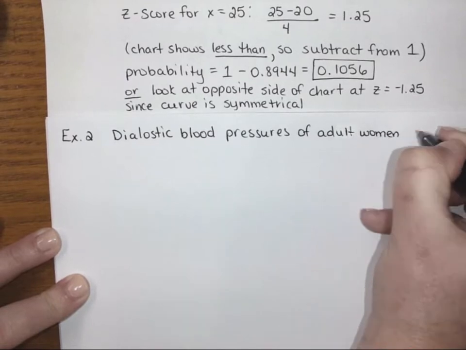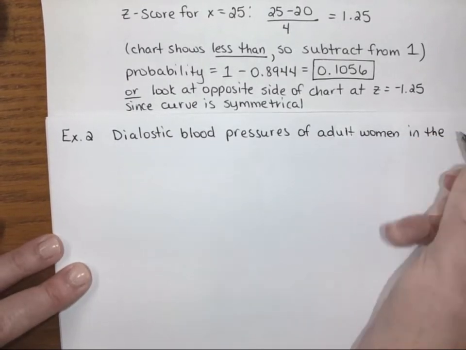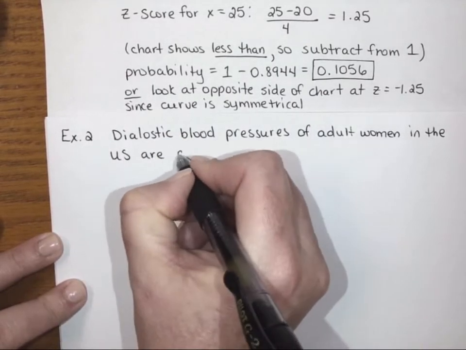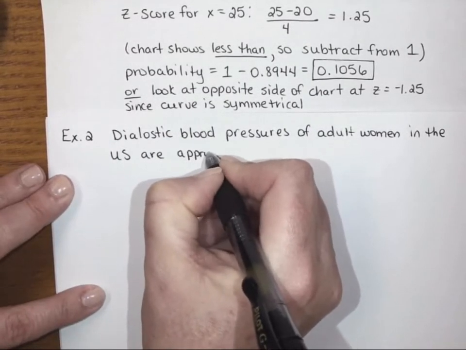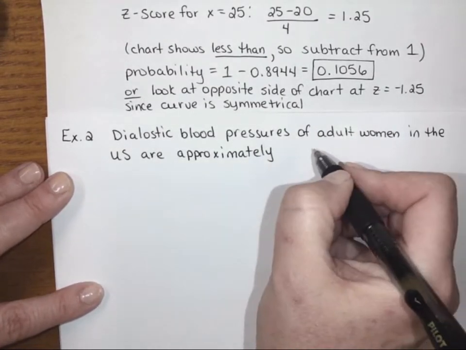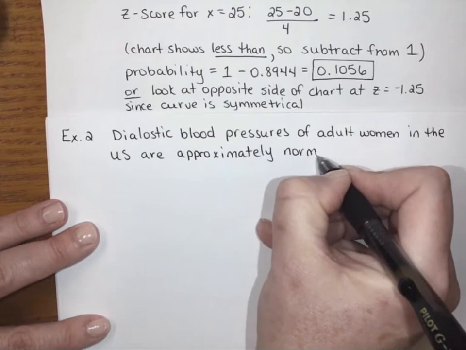Typically, anything that's measured, especially anything with the human body, is usually going to be a normal distribution. In other words, there'll be some mean or average, and the further you get away from that mean or average, it will be less and less likely.